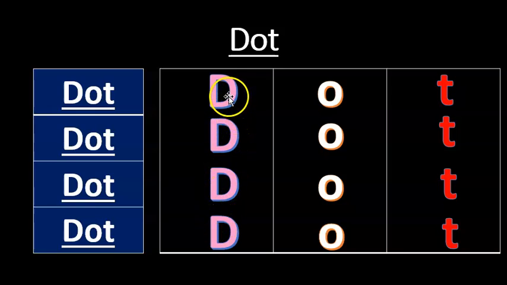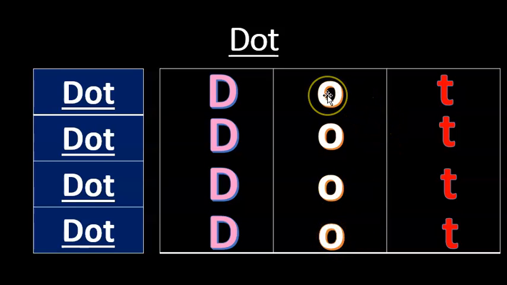So this letter makes what sound? D. Yes. Remember, the more we see this letter, we're going to be saying D. Now, let's move on to this letter sound. Repeat after me. Say ah, ah, ah, ah.